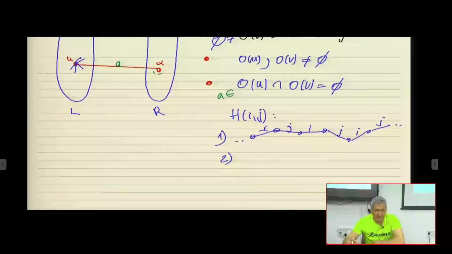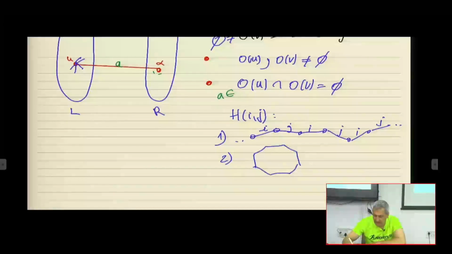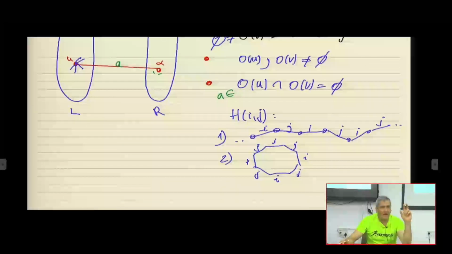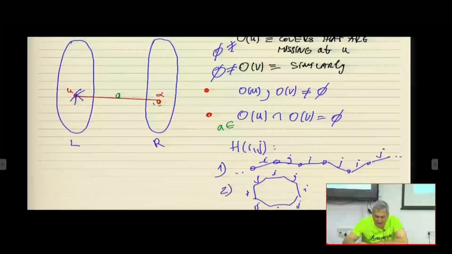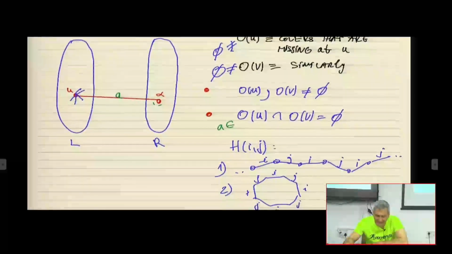Or second option, this path closes, so we get an even cycle, of any length. It can be length 6, 8, 4, and so on. So whenever in an edge coloring we choose two colors, these two colors induce some paths and some even cycles.